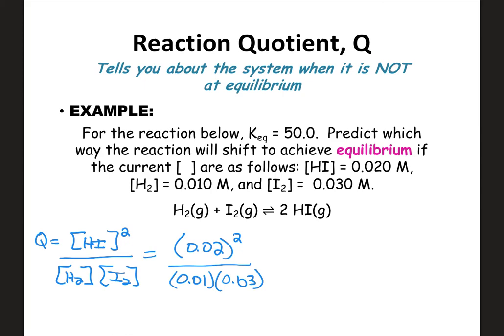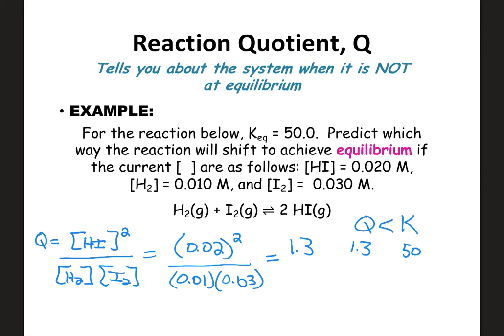So now when you just plug and chug and solve for Q, you get 1.3. Remember, you have to compare Q to K. If you look at the problem, they told me the KEQ was 50. So if you want to write them here just to help, we know the Q is 1.3. So comparing Q to K, I can see that Q is less than K.